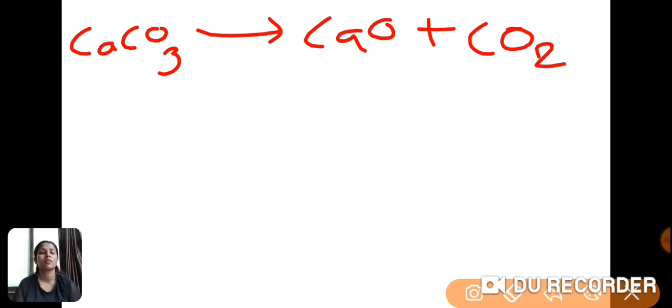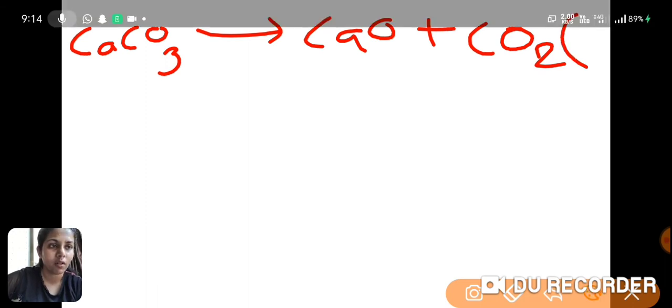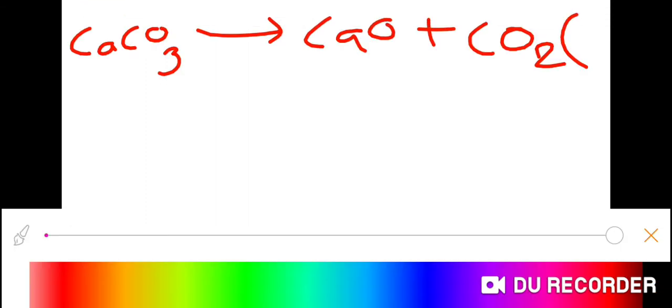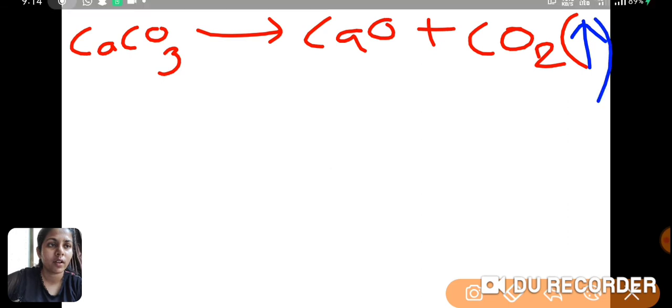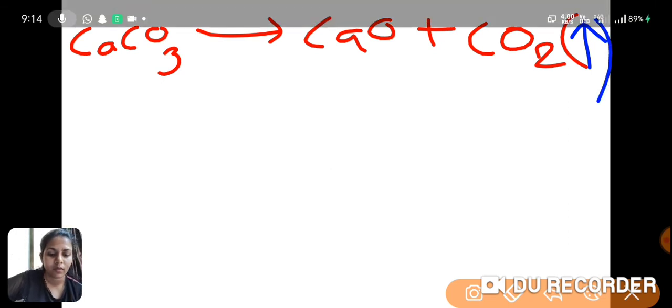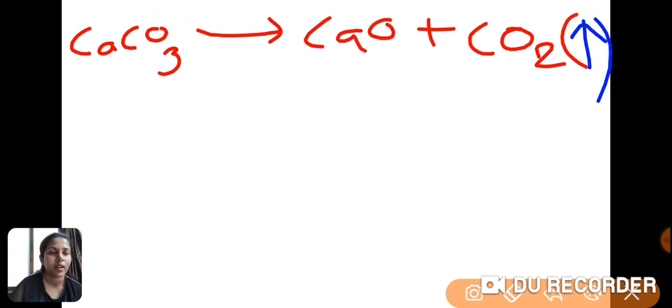So here CO2, carbon dioxide gas, is in this. So when gas is liberating, we write a symbol, an arrow. Gas is liberated, then the arrow will be upside. If an insoluble solid is forming, then we will write a down arrow.